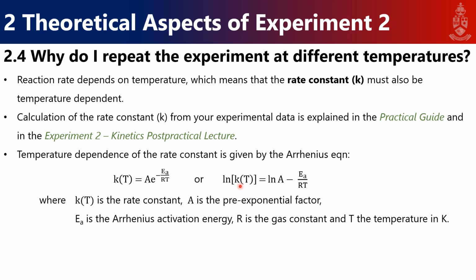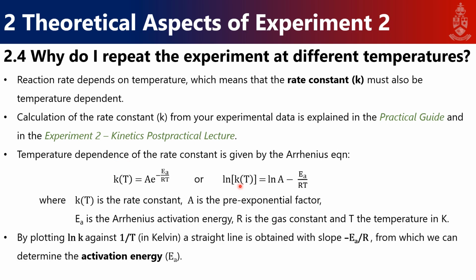And now I'm going to plot ln k against the inverse of temperature, and then from the slope I'm going to get negative activation energy over R. Because I'm plotting ln k against the inverse of temperature, the slope will be given by the quantity negative Ea over R. And from this, because you know the value of the slope and you know the value of your gas constant, you can calculate the activation energy of your reaction. So by varying the temperature of our experiment, we can use this equation and obtain the activation energy.